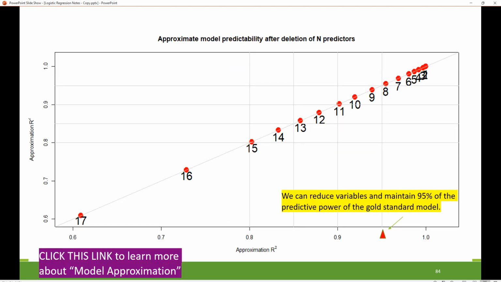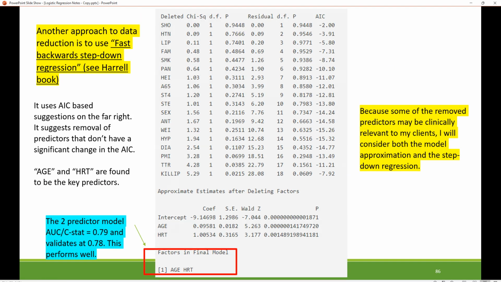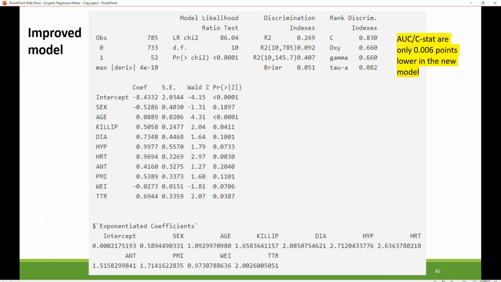So if you're not using the RMS package and you want to do something like this in SAS, you can probably approximate your model if your reduced model has 95% of the predictive power. An equivalent of this in SAS would be the backwards stepwise regression.